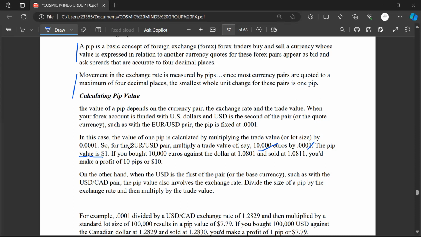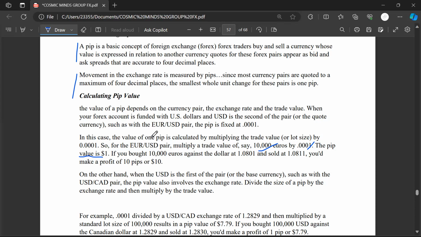So it means that for such pairs, not only Euro USD, but in a situation whereby USD is the second, or the quote currency, then for that particular pair, a pip is $1.